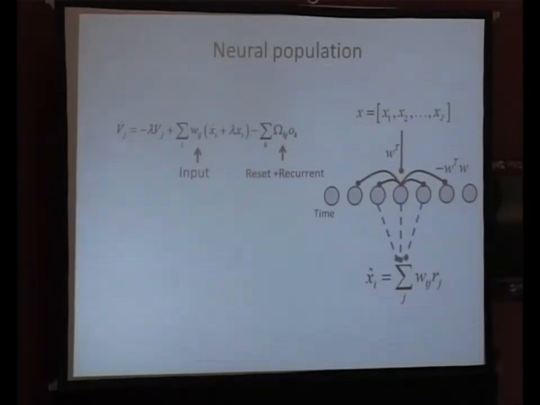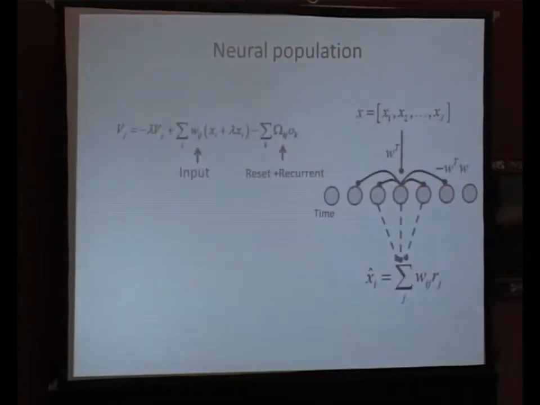Okay? So this lateral inhibition is ensuring that all the neurons collaborate properly in order to represent the signal x, such that their sum is going to give you, not exactly, but almost exactly, the original signal x. Okay?